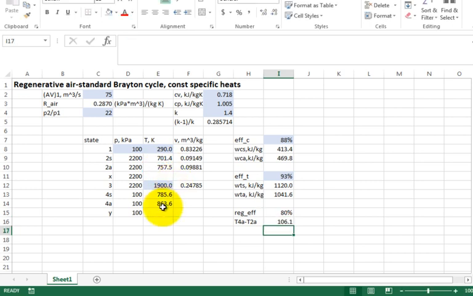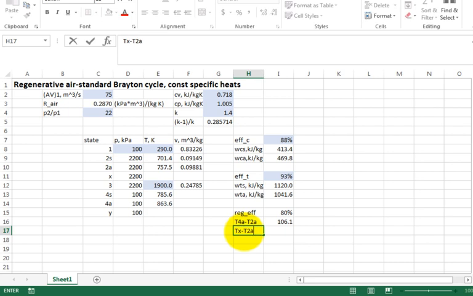So if I had regenerator effectiveness 100%, the temperature at X would be 863.6 and the temperature at Y would be 757.5, but we don't have that maximum change. This is the maximum temperature change. The actual temperature change would be something like Tx minus T2a.